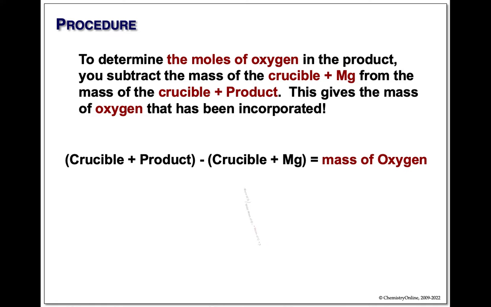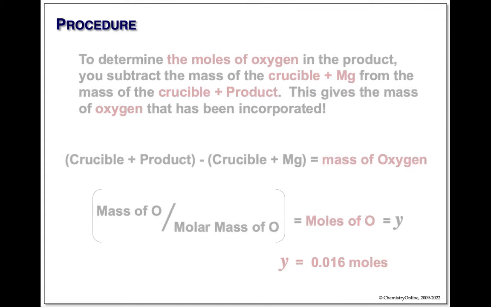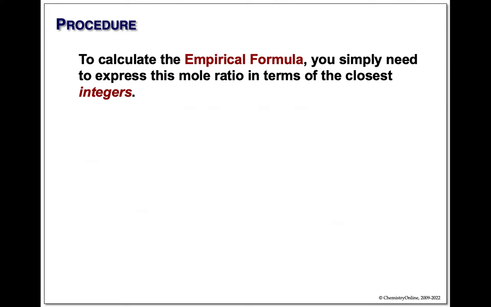We do the subtraction. That gives us the mass of oxygen, mass over molar mass. That gives us Y, the moles of oxygen. And again, I made that up. So, our empirical formula right now looks like this: MgXOY. And these are the numbers that we just put in.